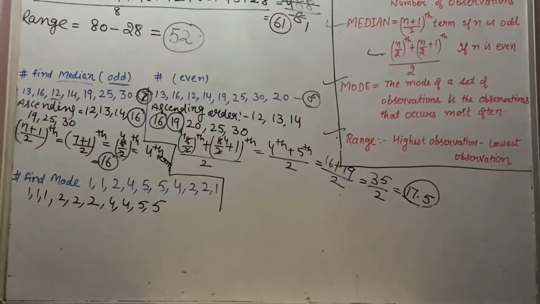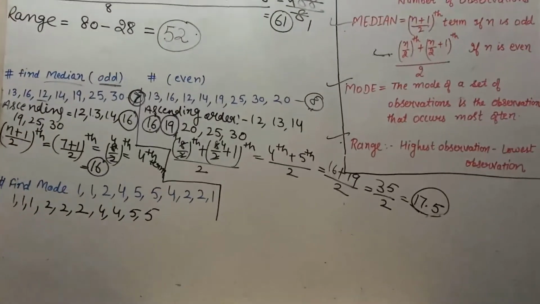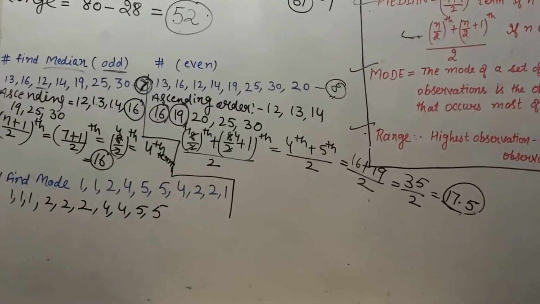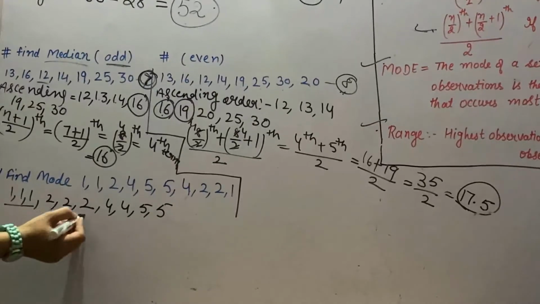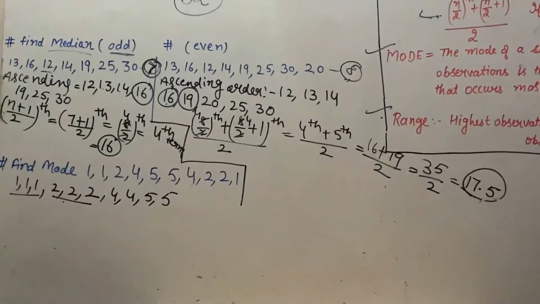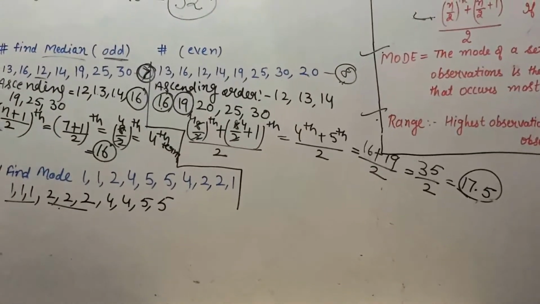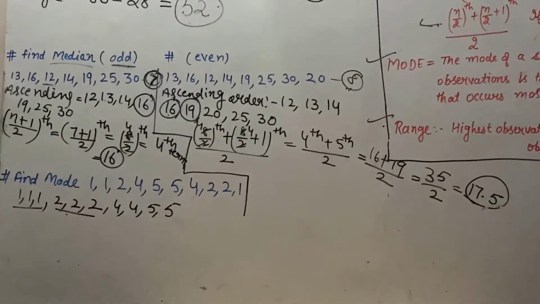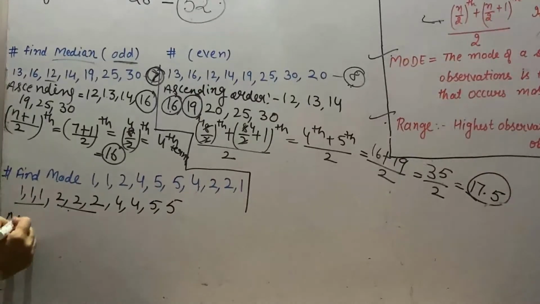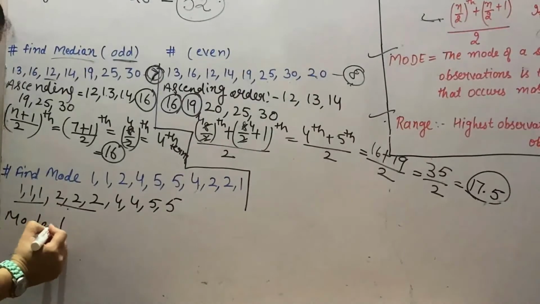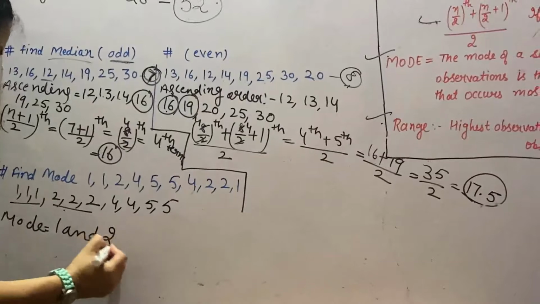Now, what is the mode in this question? Here we have two modes, 1 and 2, because 1 and 2 occur most frequently. That means the modes are 1 and 2.